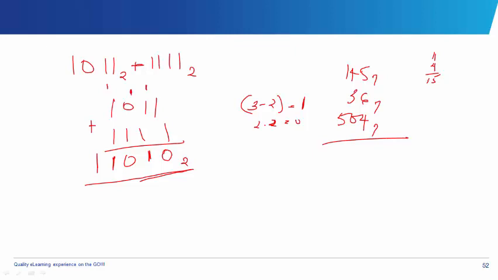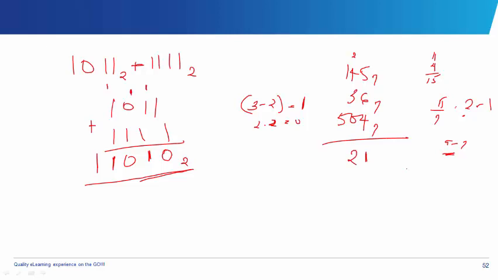So what we're going to do is 15, if we divide it by 7, we'll have 2 remainder 1. So we'll write 1 and carry 2, which is this 2 we'll have here. 2 plus 4 is 6. 6 plus 3 is 9. 9 plus 0 is 9. So the difference is 2.